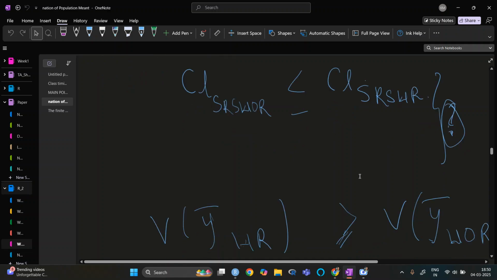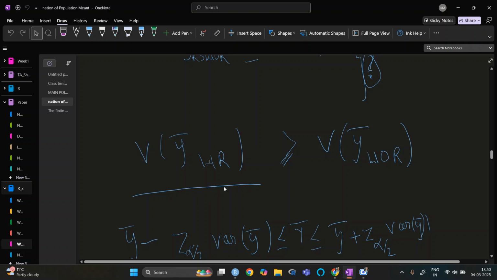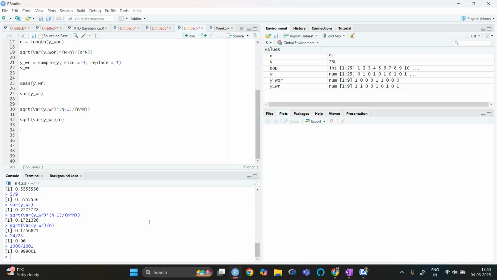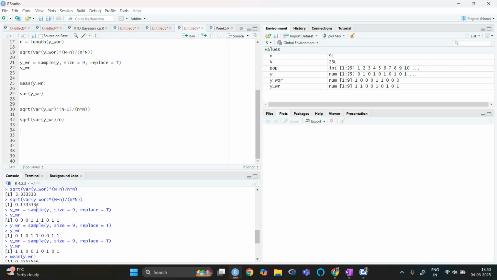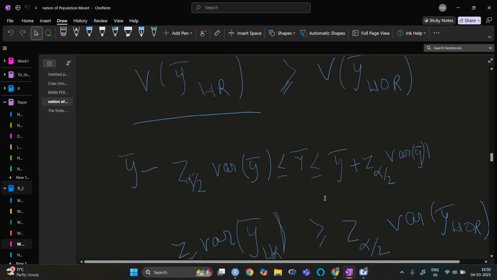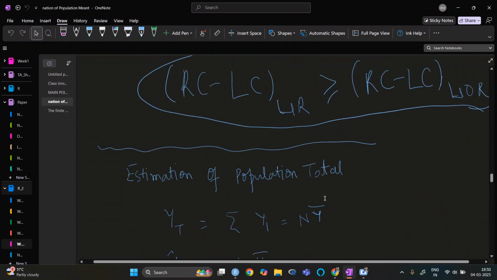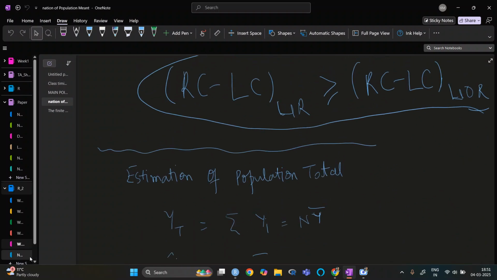Here the interval will be larger because the variability with replacement is larger. We have taken a random sample, but variability is less without replacement and large with replacement. I have done a proof also, so you can go through it in case you want. Okay.